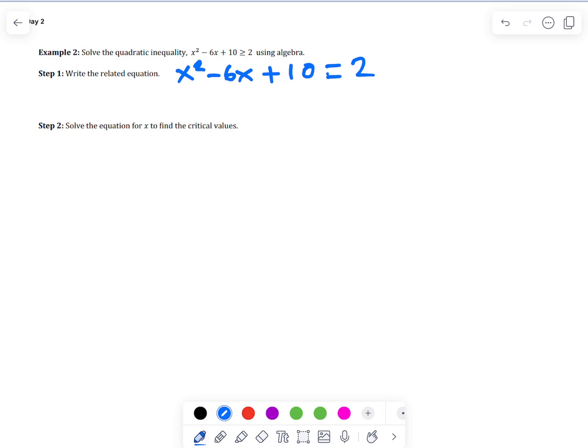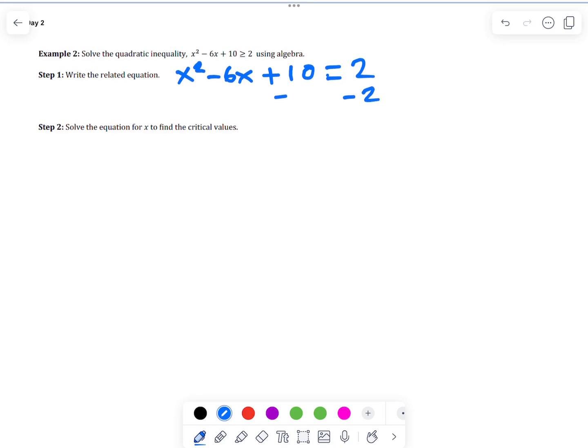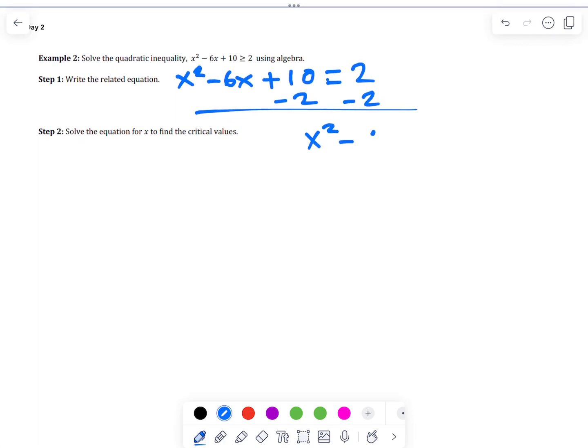So we're going to go ahead and subtract 2 from both sides. So now the equation is in standard form, set to 0.